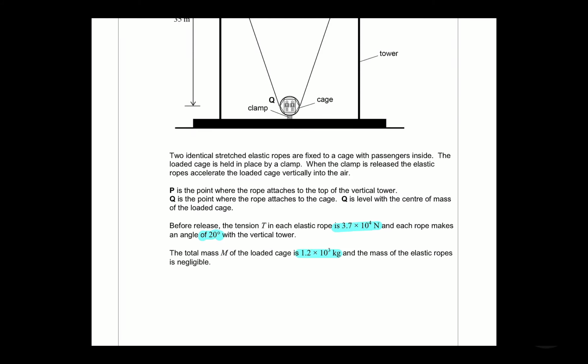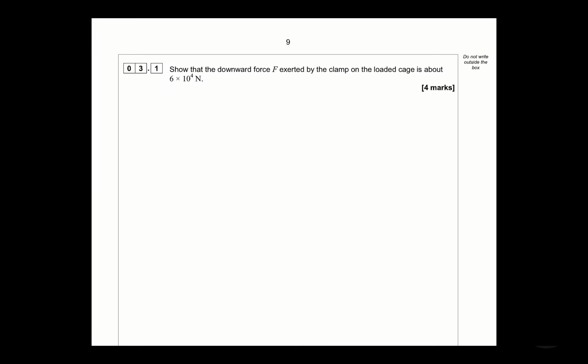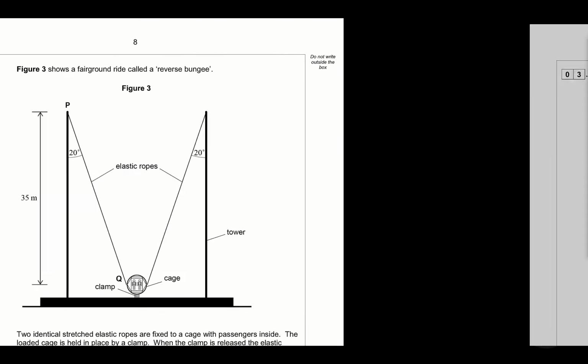And the ropes have negligible mass. Show that the downward force exerted by the clamp on the loaded cage is about 6 times 10 to the 4 newtons.